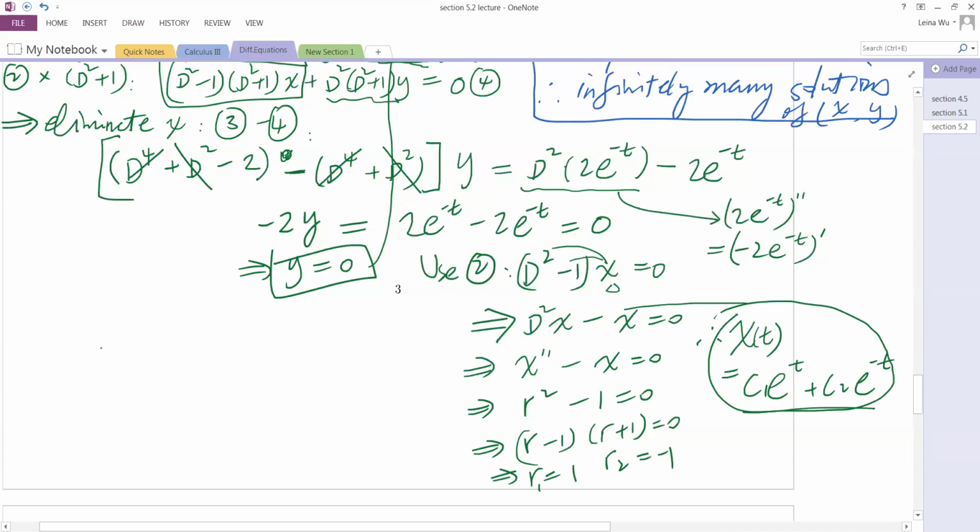Here's the solution of y. Eventually, our solution will be c1 e to the t plus c2 e to the negative t, and y would be 0. So we have a unique solution, based on the x and y's.